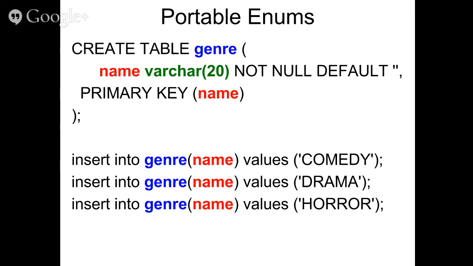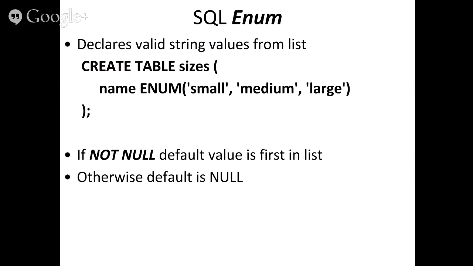Now, just like over here, where I say that name can only be small, medium, or large, I want a variable that can only have comedy, horror, or drama. So how do I do that?